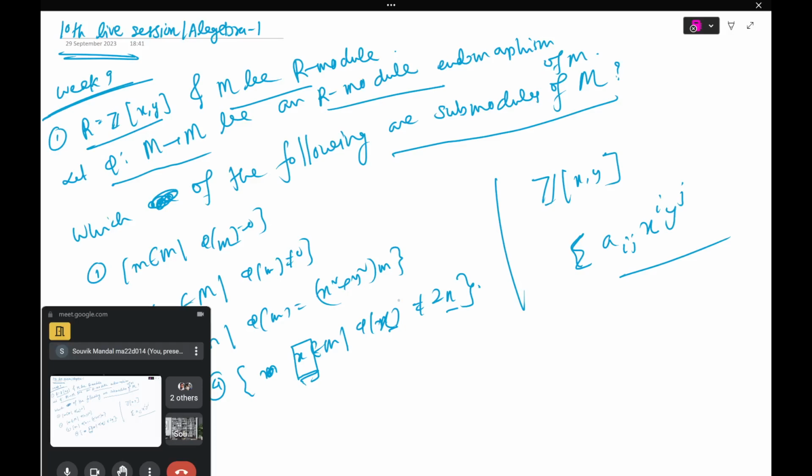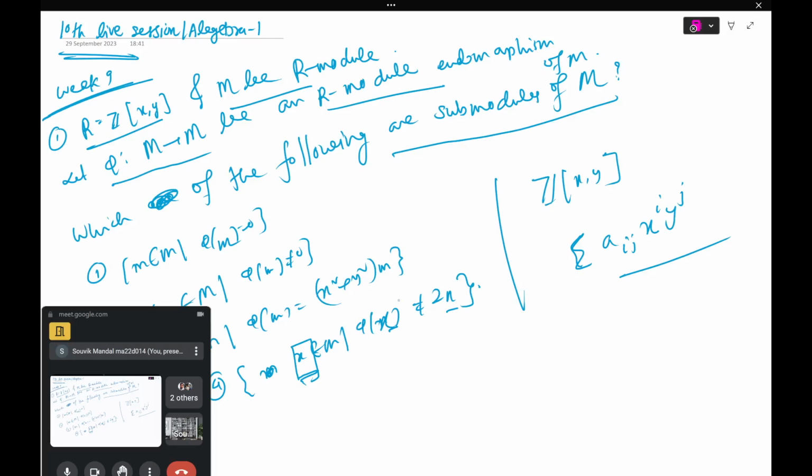Characteristic means the least number such that n times the element equals 0. How are we getting characteristic here? It's characteristic zero. Then what? If we put M equal to identity, then it must be 0.